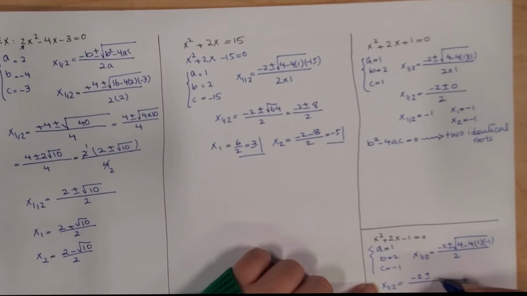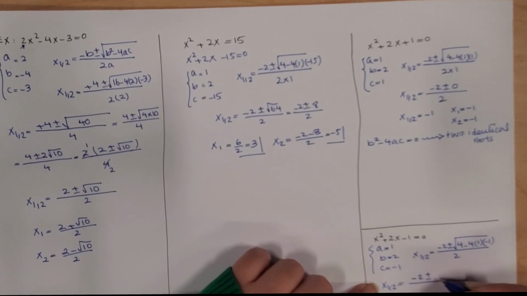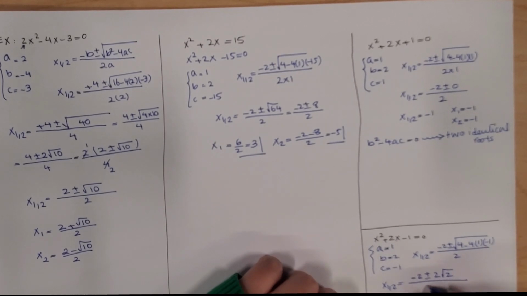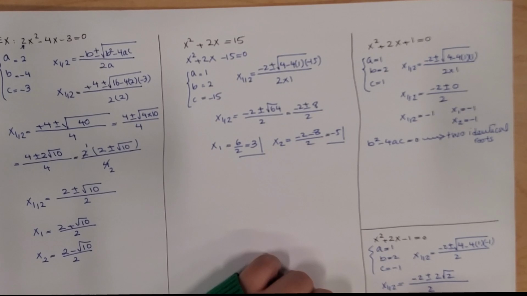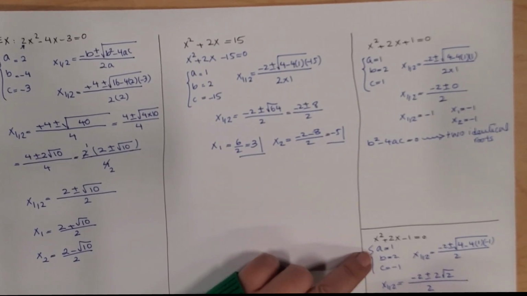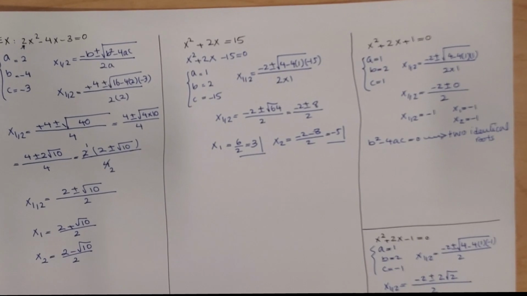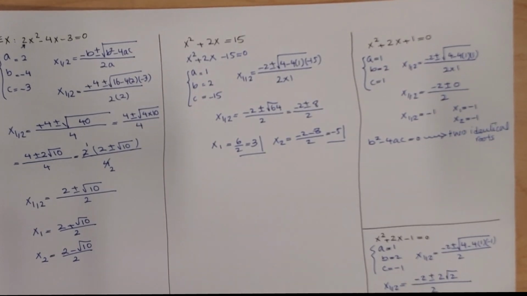So -2 plus and minus the square root of 8, which I put as 2 radical 2, over 2. Now I just simplify my answer and skip a few steps. So that would be -1 plus radical 2, it's one answer. -1 minus radical 2, it's another answer. Okay.